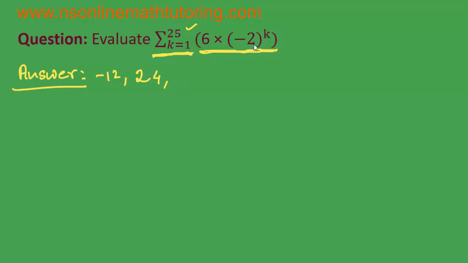Third term, negative 2 to the power of 3 is negative 8, times 6 is negative 48. Fourth term, negative 2 to the power of 4 is positive 16, times 6 is 96, and it continues till the 25th term.